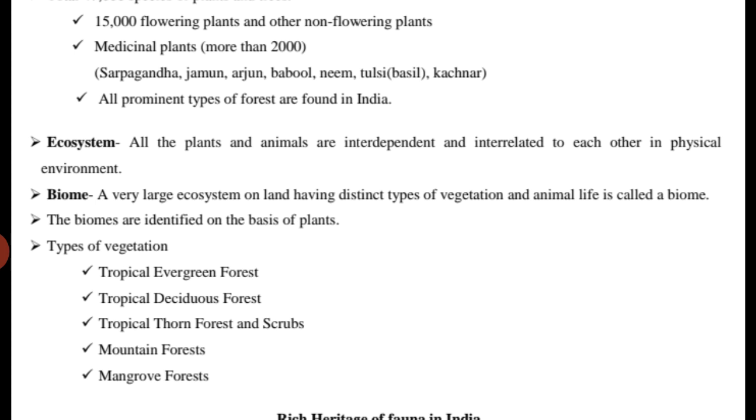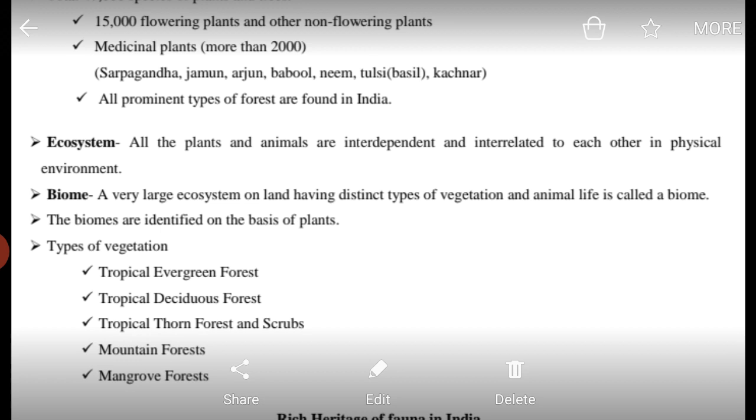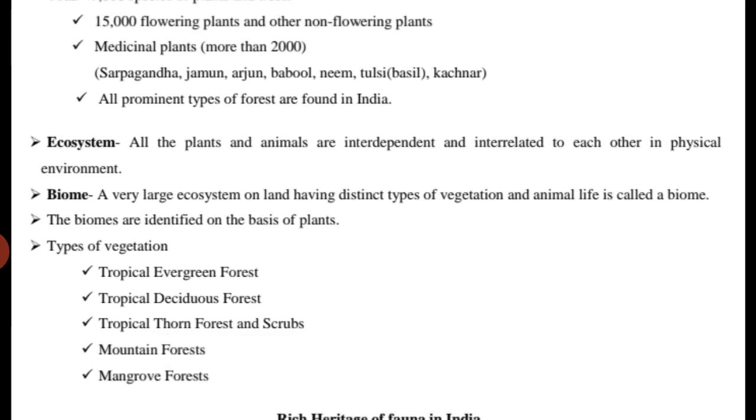Now we are going to discuss ecosystem. An ecosystem is where all the plants and animals are interdependent and interrelated to each other in the physical environment. Biotic and abiotic resources both depend on each other for their survival and for their recycling in nature. Then they form an ecosystem.